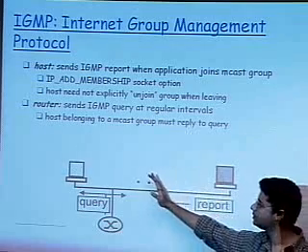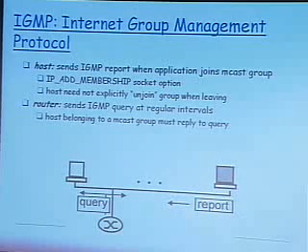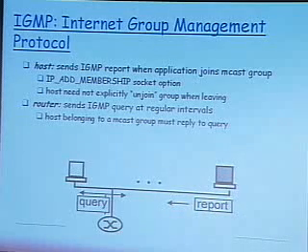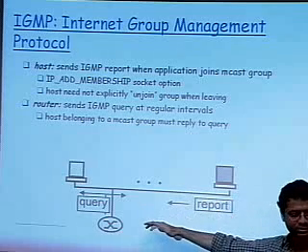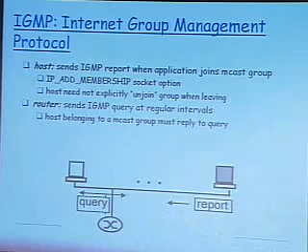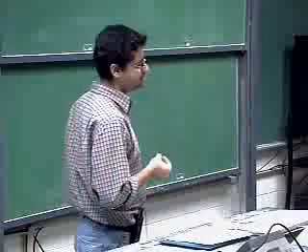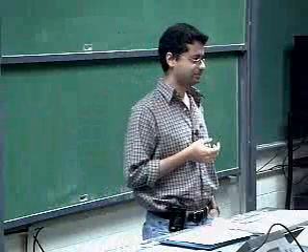What if multiple nodes on the local area are interested in the multicast group? Do all of them need to explicitly join? No. So how do you resolve that scenario?